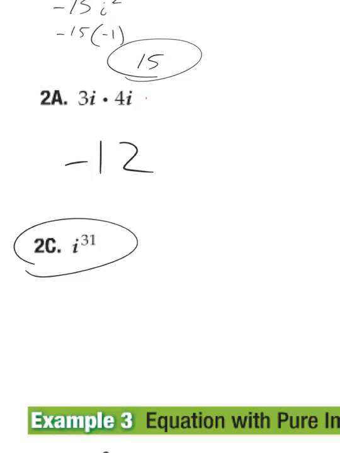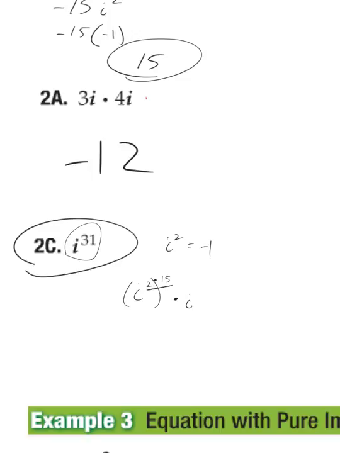Guys, the whole point here is we know that i squared is negative 1. Using your properties of exponents, you can write i to the power of 31 as i squared to the power of 15, which gives you i to the 30th power, and then you multiply it by i. Properties of exponents say this is i to the power of 2 times 15, power to a power, you multiply them.